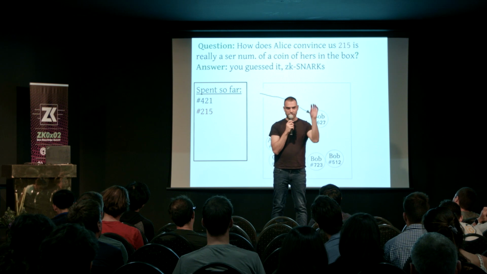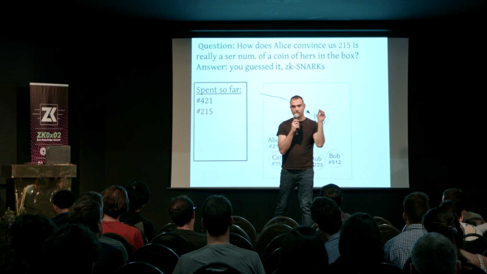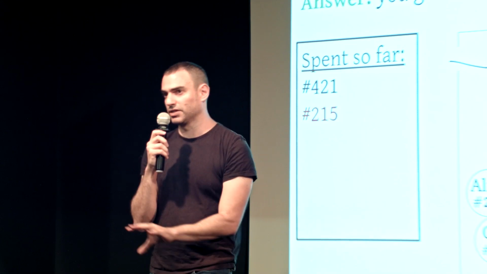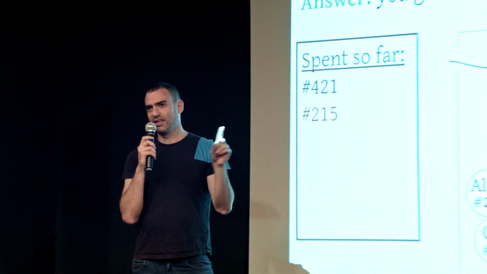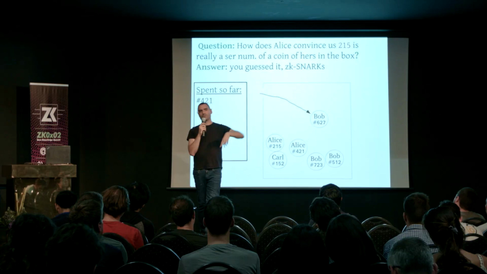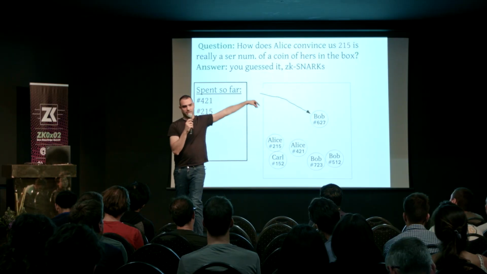So Alice doesn't know Bob's nullifier, but she doesn't need to know it. It's only important that when Bob spends the coin, he will know the nullifier because he will need to publish it and prove that it's correct.